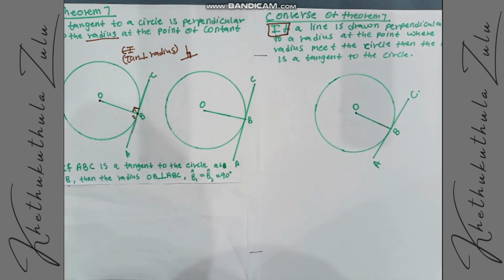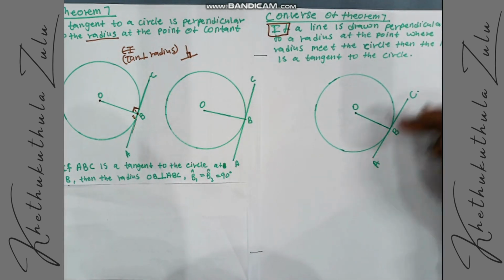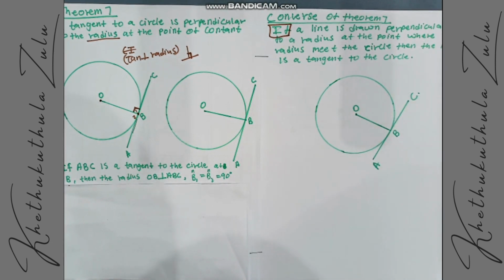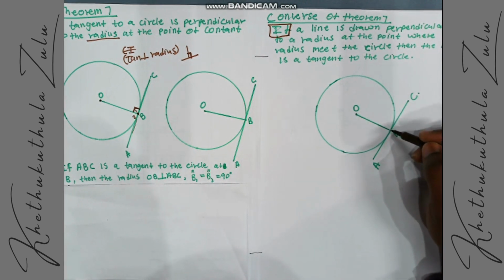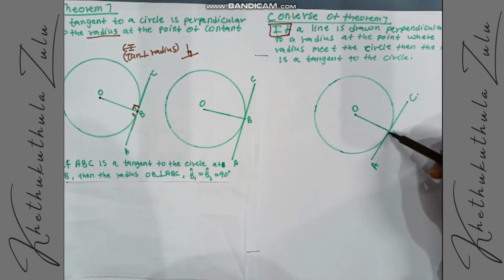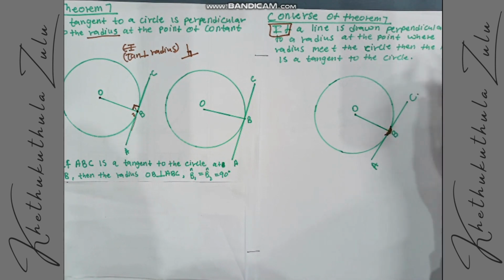a line is drawn perpendicular to the radius, this line is drawn perpendicular to this radius at the point where a radius meets a circle. At the point where a radius, meaning this OB, which is our radius, meets a circle, here it's meeting it here, then the line is a tangent to a circle.